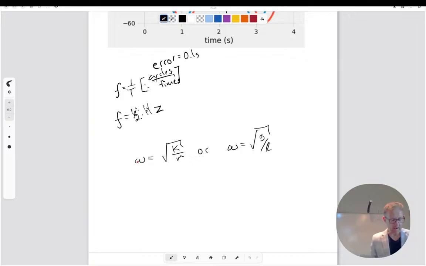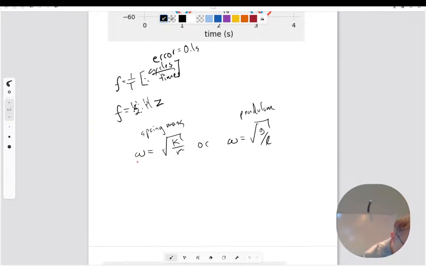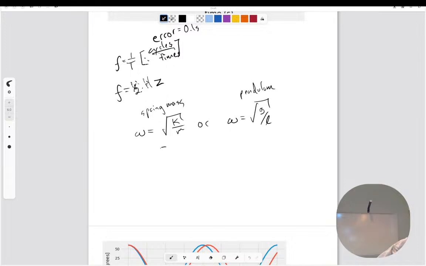So in this case, we have root g over L, which is like our stiffness per mass, at least for the pendulum. So this is our spring mass. This one's our pendulum. We could look at what the units are in here.